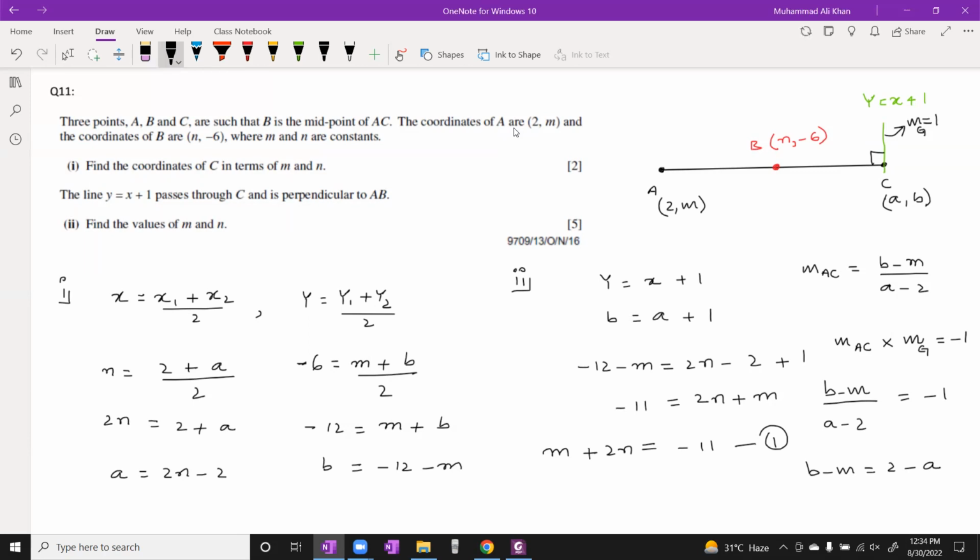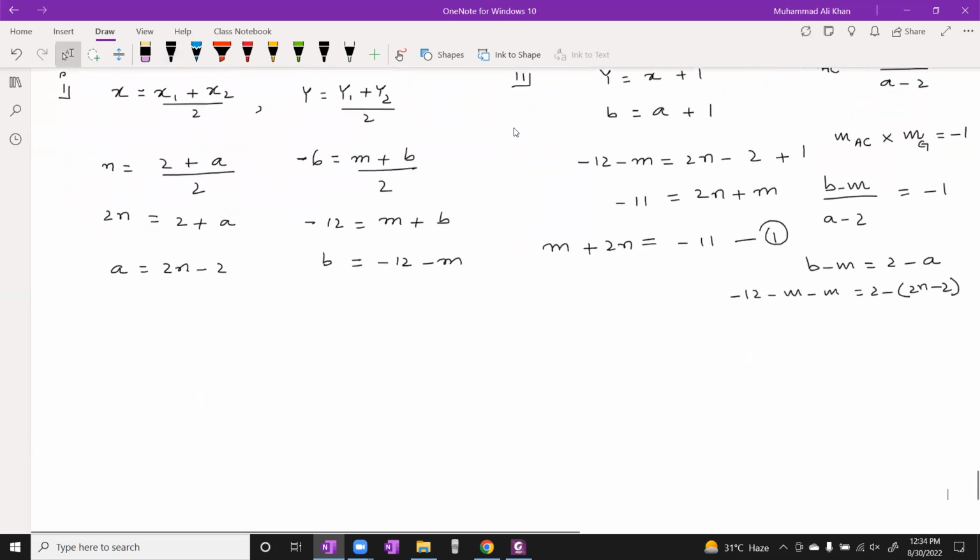Can I write in place of b, minus 12 minus m, again minus m, equals 2 minus, in place of a it will be 2n minus 2. Let's move further. So it will be minus 12 minus 2m equals 2 minus 2n plus 2.